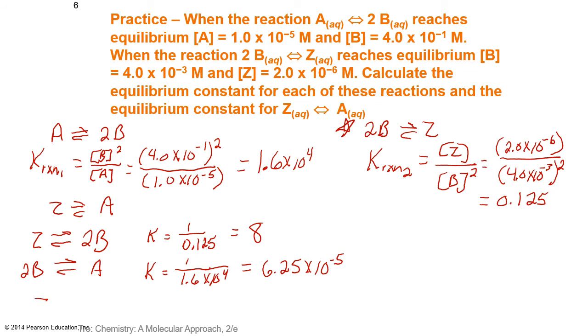And then if we want to find Z to A, we are going to have to add these reactions together. So in that case, to find our new equilibrium constant, we need to multiply the two constants.